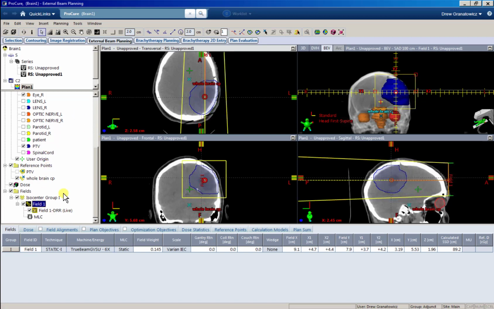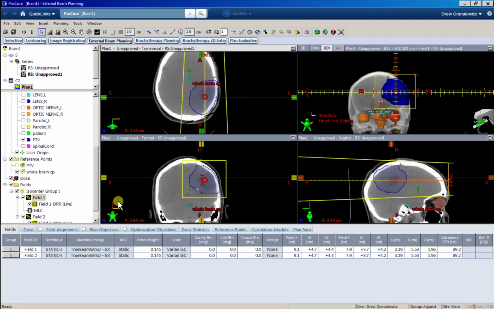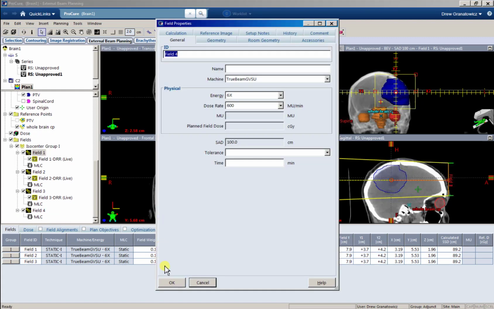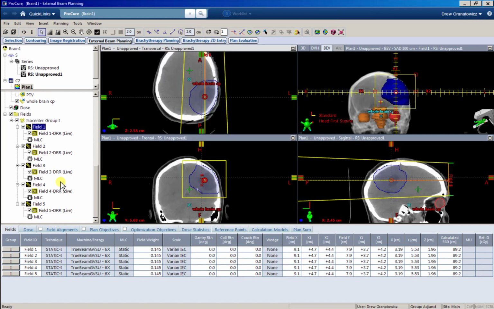The first thing I'm going to do is throw 5 fields on. I typically tell people that a good 3D conformal plan is probably going to need between 5 and 7 beams.